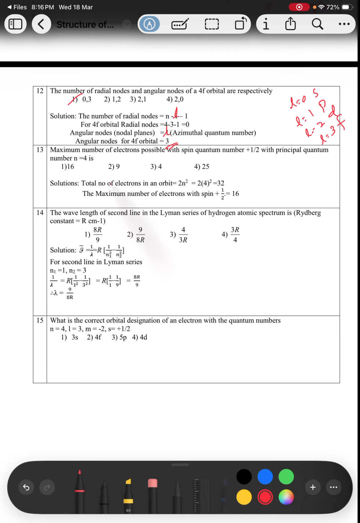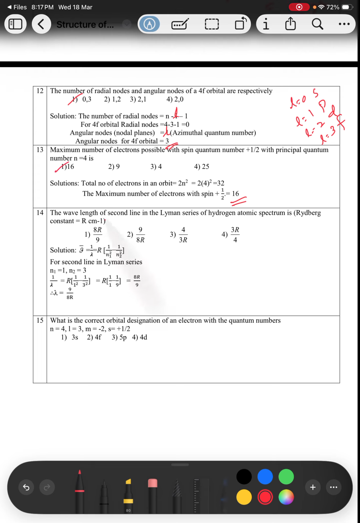The total number of electrons in an orbit is equal to 2n square, where n is 4. So 2 into 4 square means 32. Among 32 electrons, half of the electrons have spin quantum number plus 1 by 2, and the remaining are minus 1 by 2. So the maximum number of electrons with spin plus 1 by 2 is 16. So option 1 is the correct one.